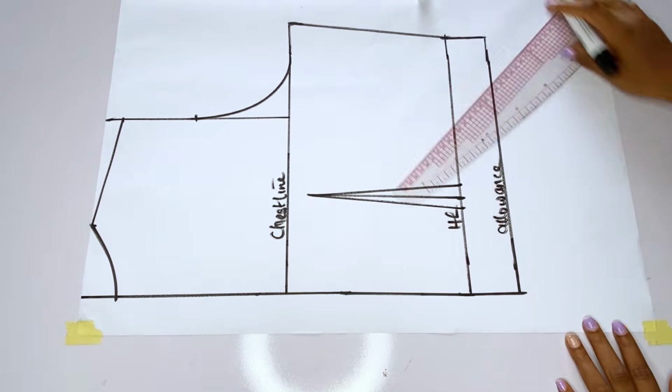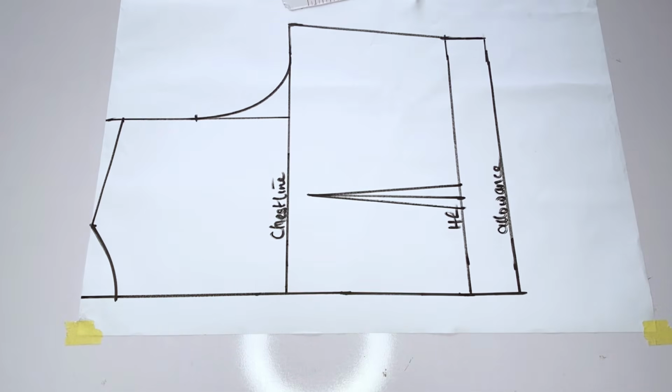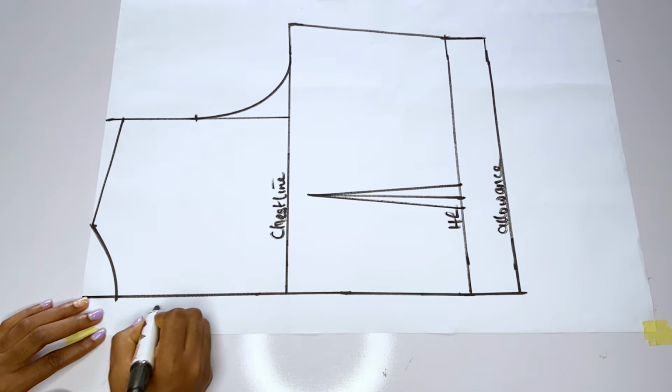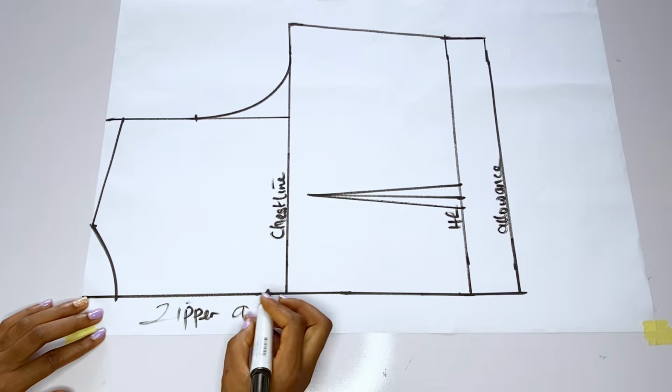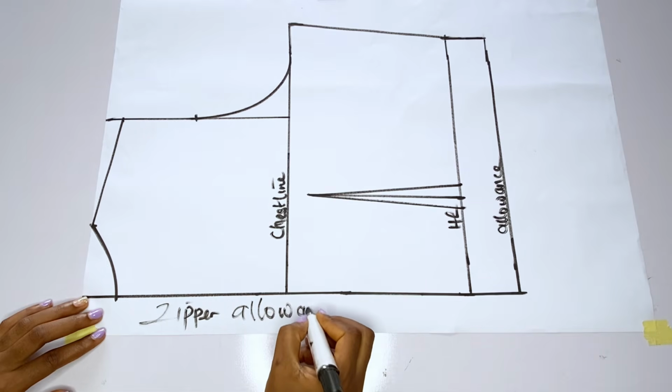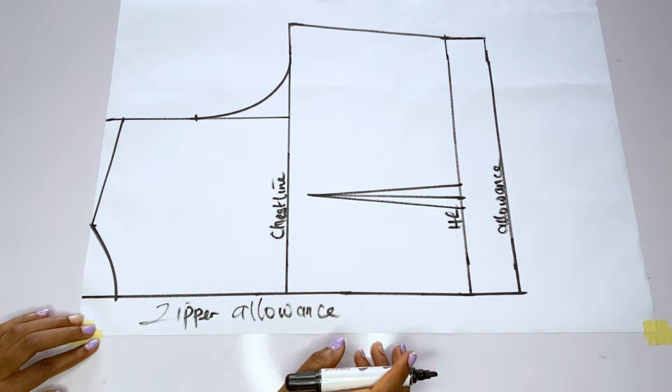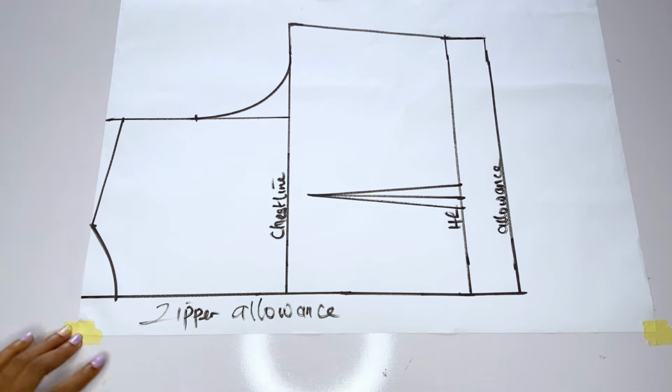If you're cutting the neckline, remember that the neckline will extend to the zipper allowance. This is our zipper allowance. Your neckline will extend to your zipper allowance. Then you can go ahead and cut out.